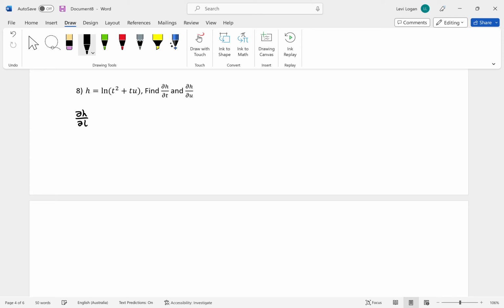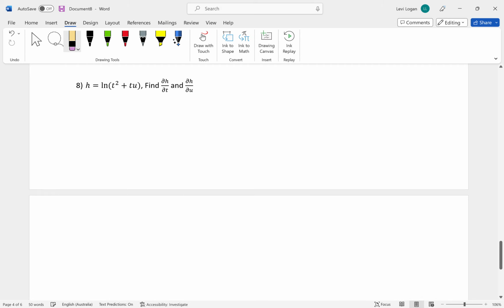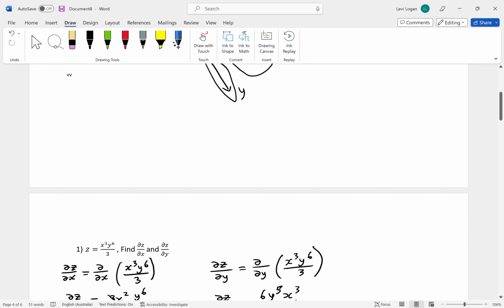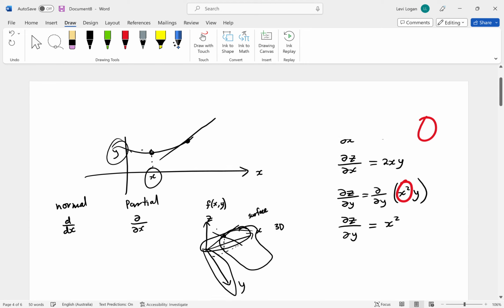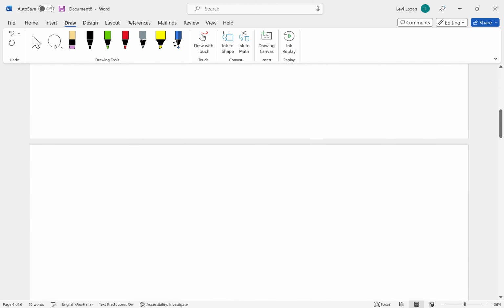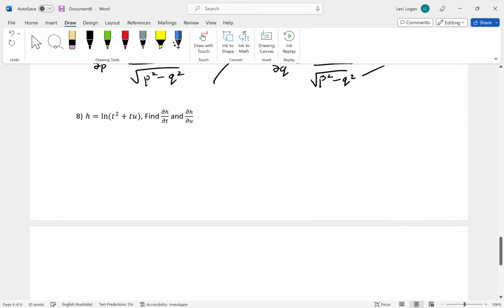So you have to diff the outside function. It's not letting me write at all. It's really annoying. We just might have to give it a second. I have no idea what's going on with this. I might just have to stop the video.